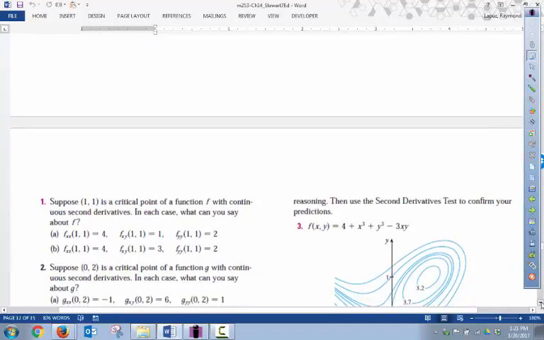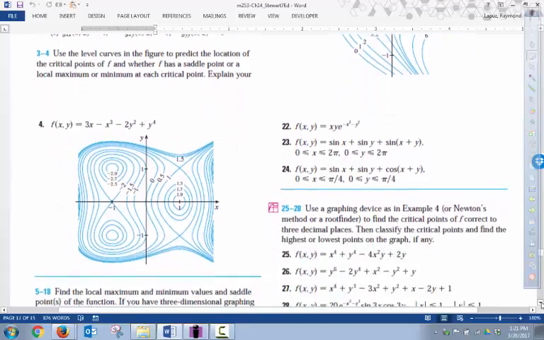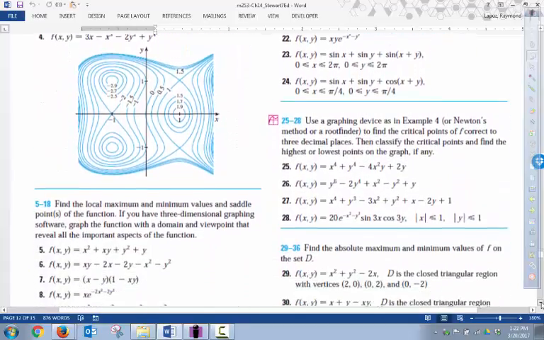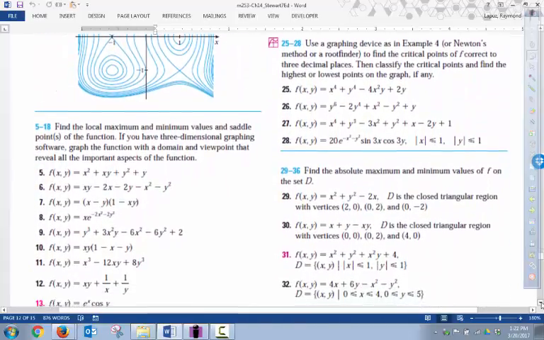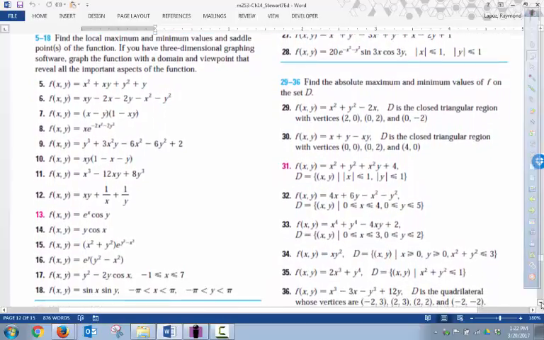Will it be fairly obvious when you should use the second derivative test, or does one need to determine after you try the first derivative test? No, there's no first derivative test here. Just to let you know, when we're dealing with higher dimensions, there's no first derivative test anymore.